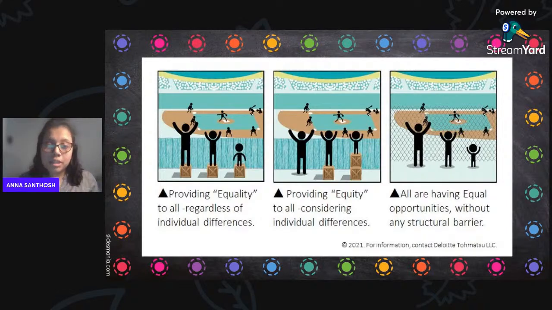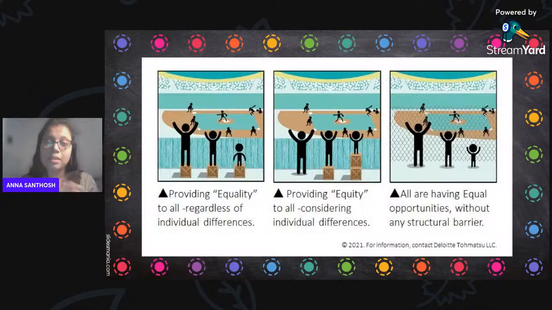But the actual thing is, it is not the three people standing here who should be changed, but the surroundings. This is the barrier these three had when it comes to watching the show. But when they removed that barrier, when they removed the fence, they are able to view the show without any props or anything else.